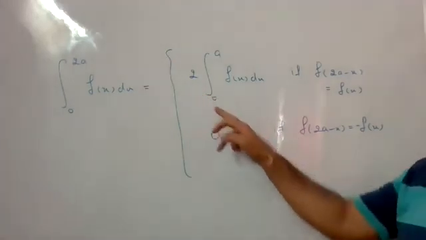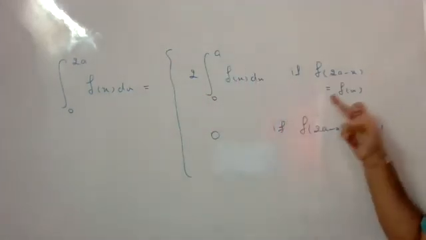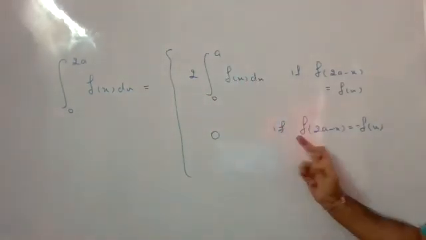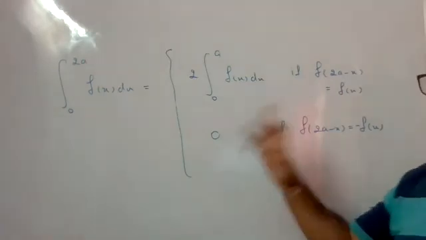This will come twice 0 to a fx dx if f of 2a minus x is fx, and if f of 2a minus x is minus fx, the answer is 0.